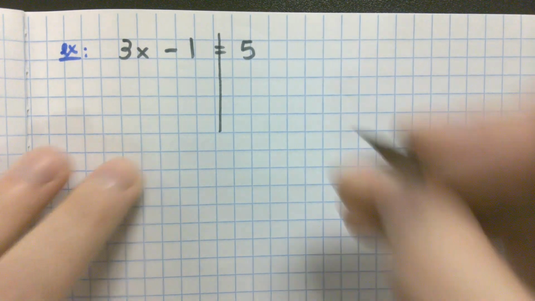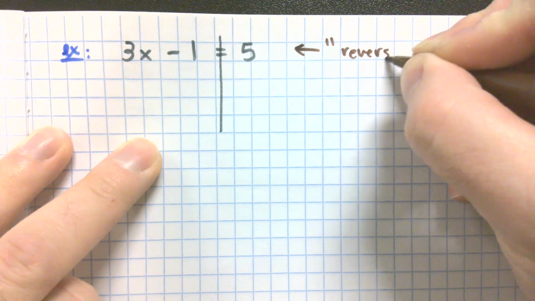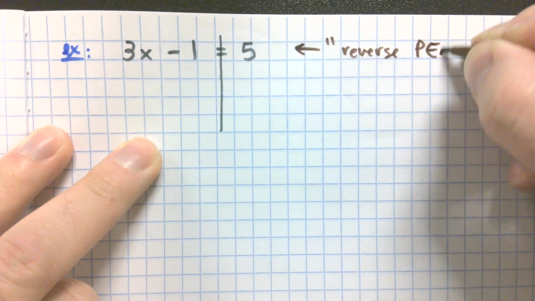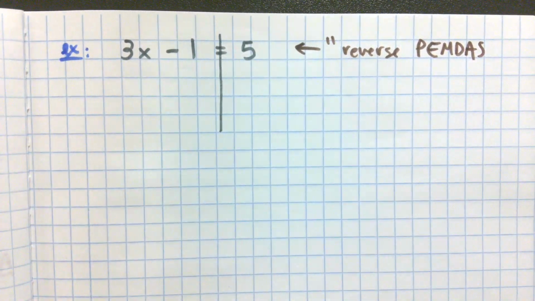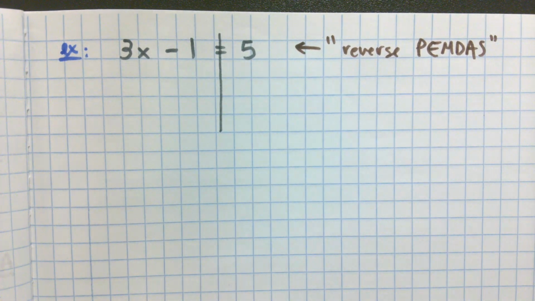So what we're going to do here is reverse PEMDAS. What's the last thing that you want to worry about with PEMDAS? Well, the first thing you worry about is parentheses, then exponents, then multiplication and division.